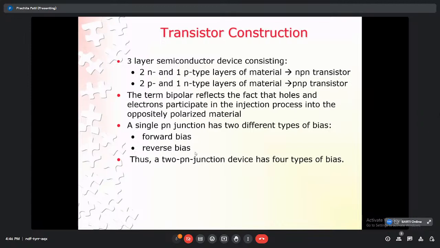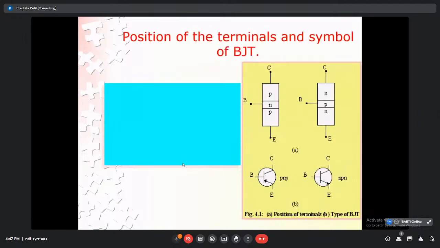But for non-conventional operations, we can have the reverse of it: the emitter to base junction reverse biased and the base to collector junction forward biased. Both can be forward biased and both can be reverse biased also. In that way, we can have different biasing of the transistors, and accordingly different applications.